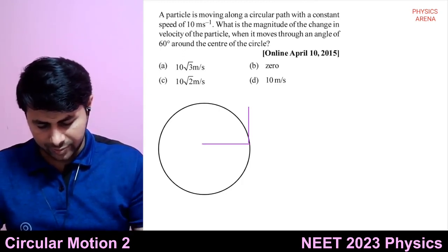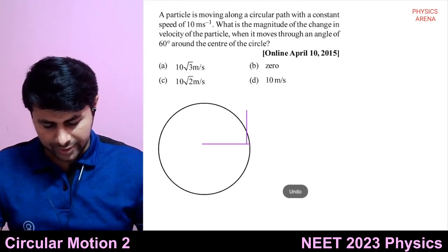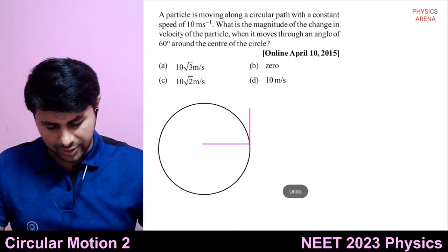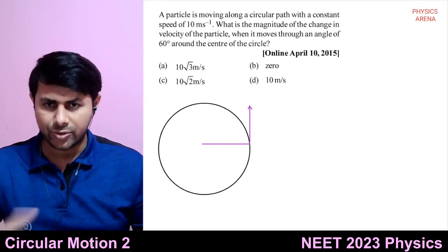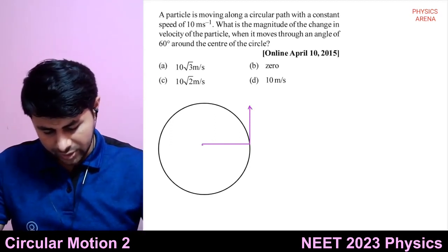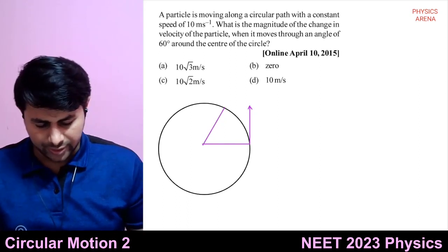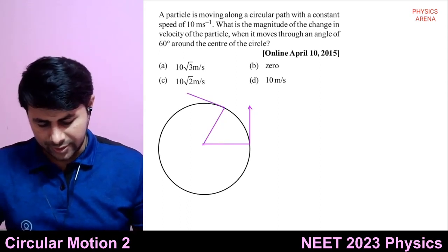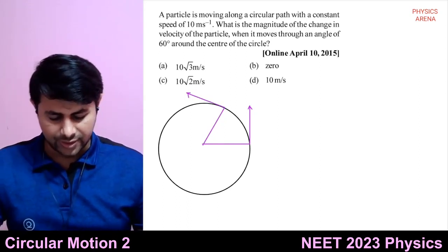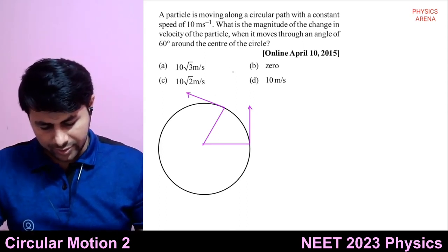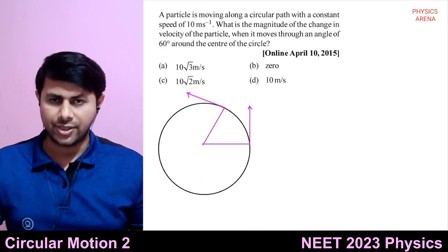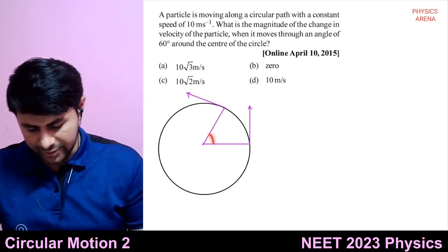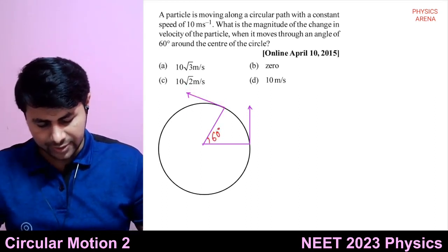Then it moves through an angle of 60 degrees, so it moves here. And now the velocity is directed in this direction, tangential. This angle is 60 degrees.